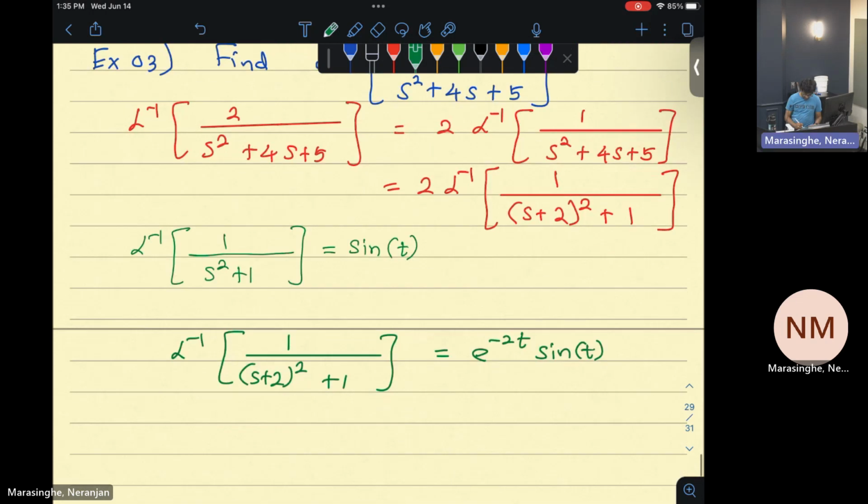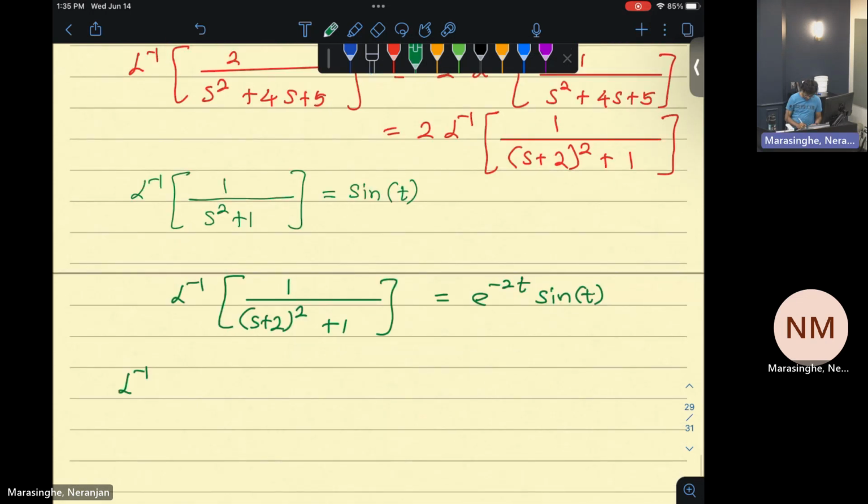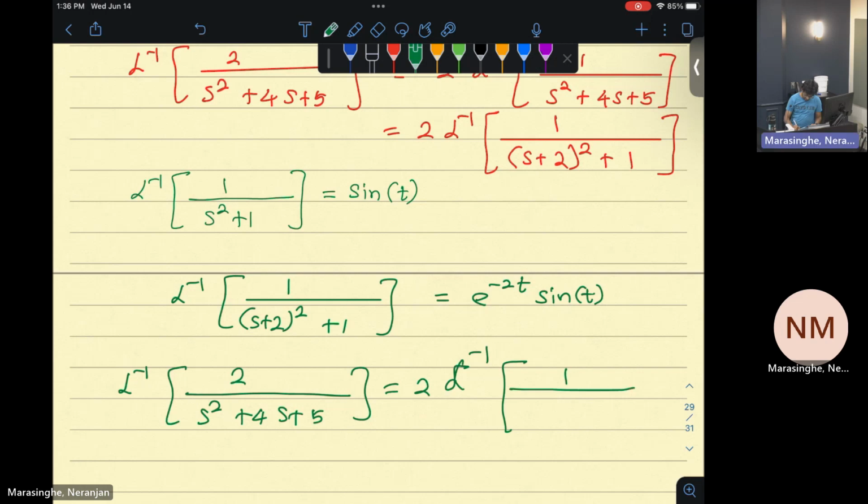My target is to find the Laplace inverse of 2 divided by s square plus 4s plus 5, which is equal to 2 times the Laplace inverse of 1 divided by s square plus 4s plus 5.